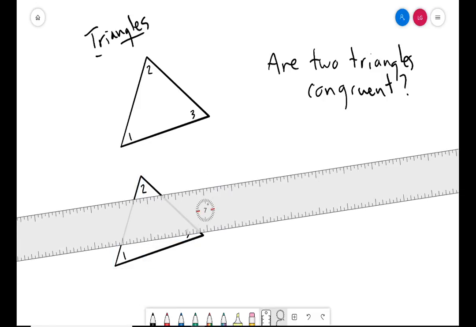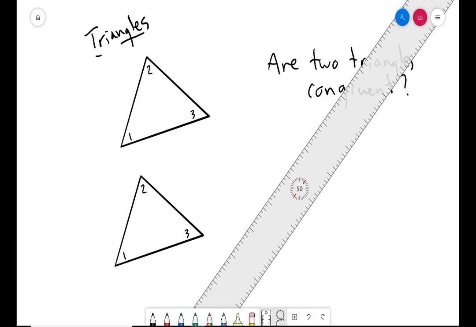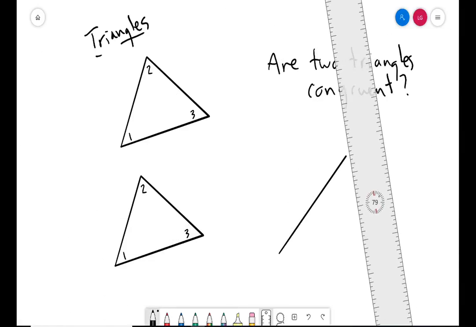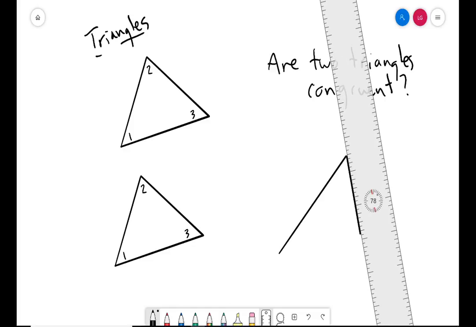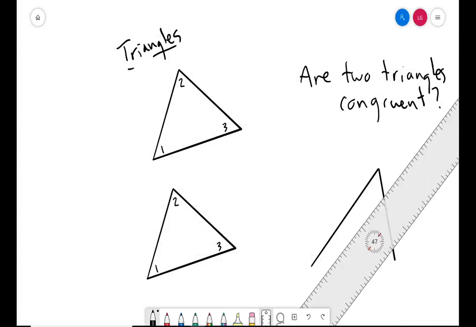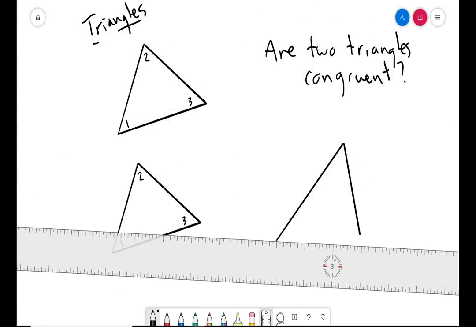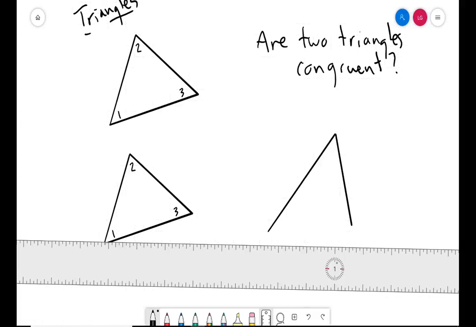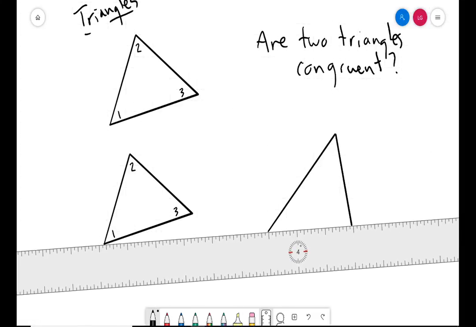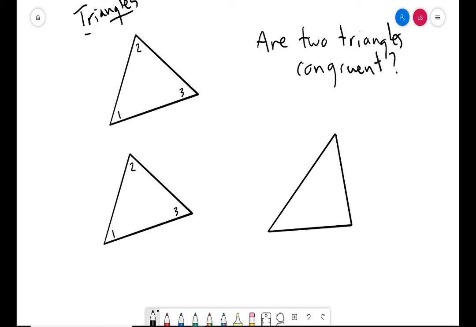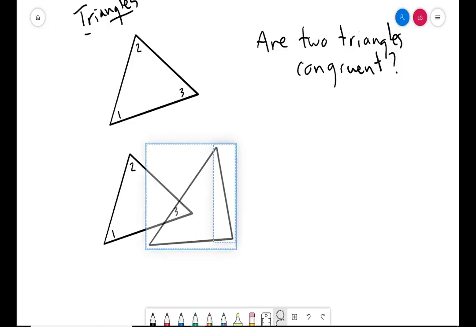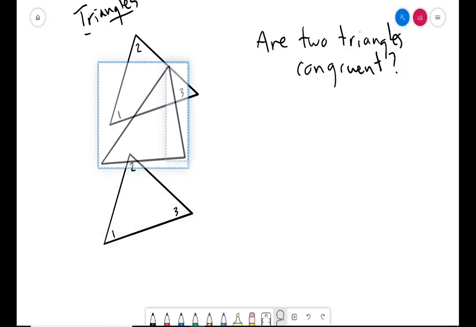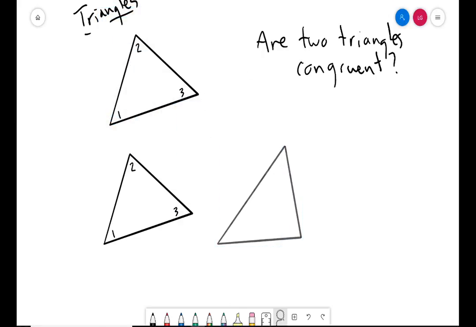If I draw a different triangle like that, and I pick it up, that answer could definitely be no. We do want to hesitate here.